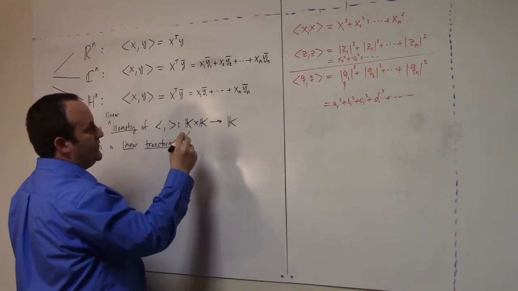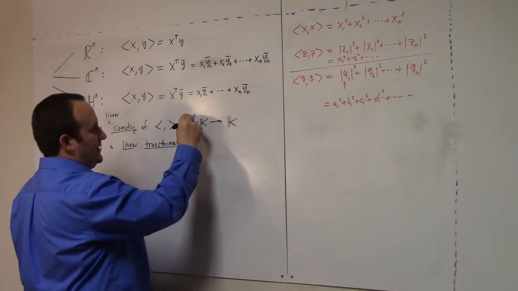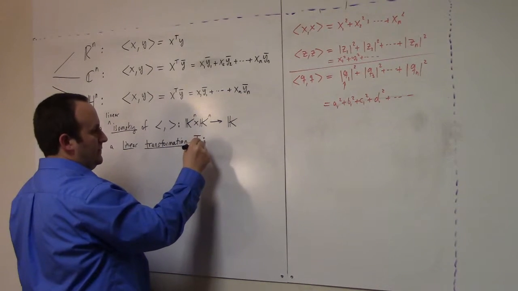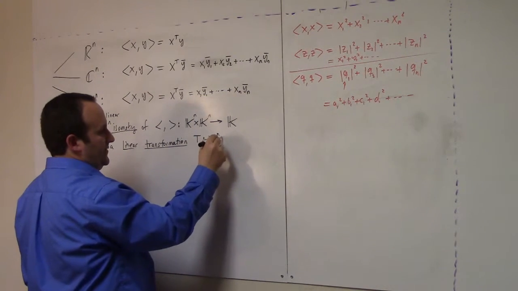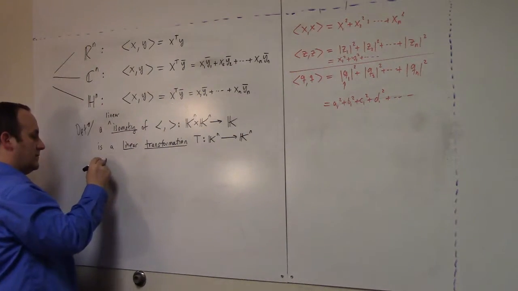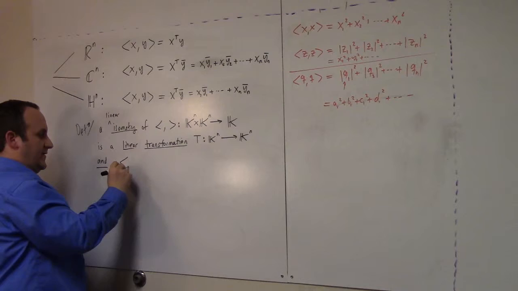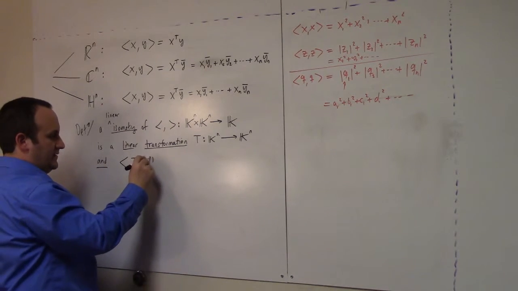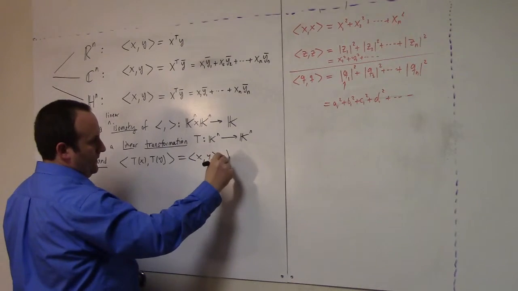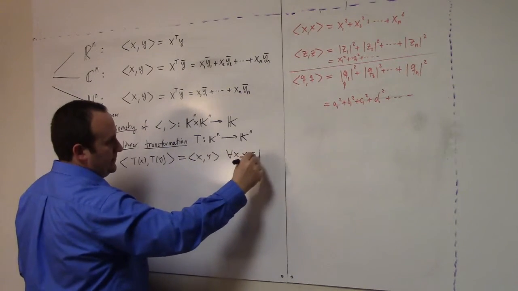And what do I want here? I want Kn. Let's say T, such that you map Kn to Kn, and you have the following. You have T of x, T of y is equal to x, y for all x and y in Kn. What is it really?